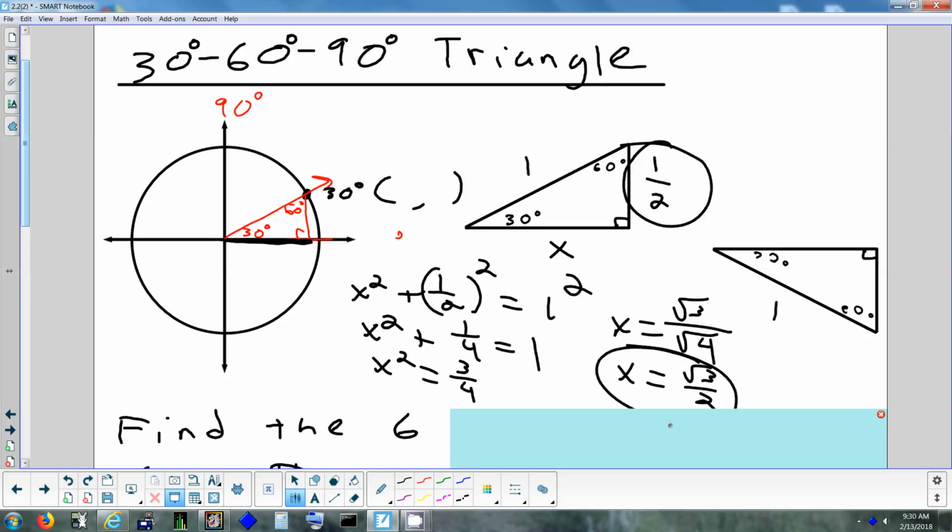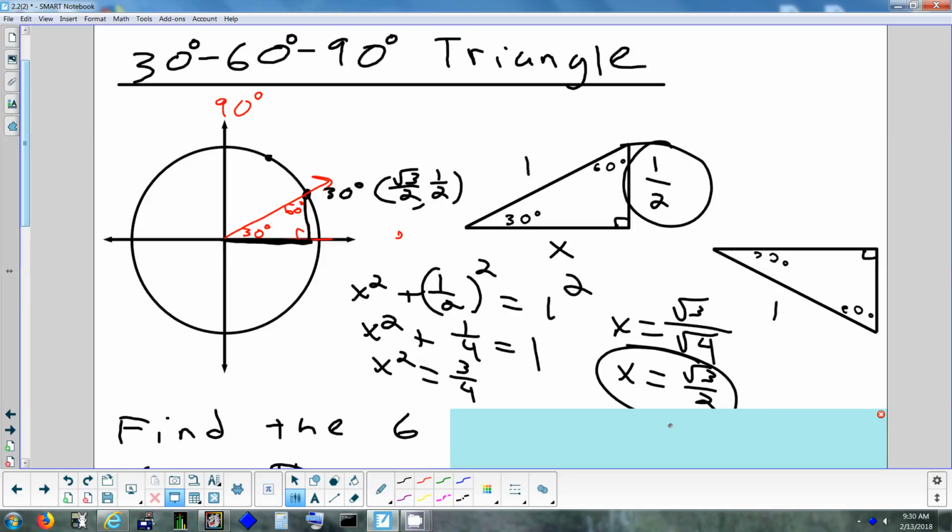Yep, the bottom is root 3 over 2. And what about the y coordinate? A half. That's a half from here up to here. So that's your coordinate for 30 degrees: root 3 over 2, comma 1/2.